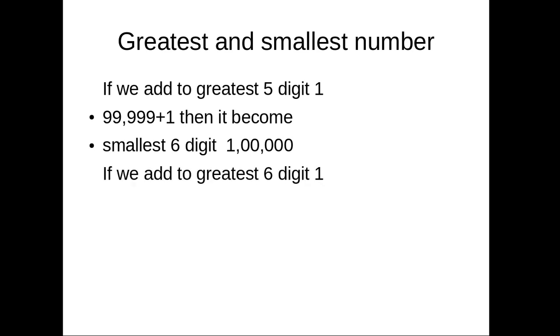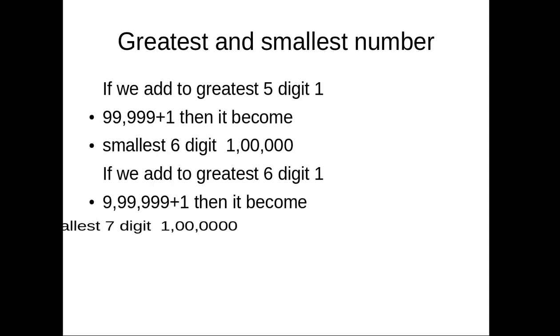Then if we add 1 to the greatest 6 digit number, that is 9,99,999 plus 1, then it becomes the smallest 7 digit number, that is 10 lakh. There is a comma mistake, okay. The comma will be placed here. Sorry, it is a printing mistake.